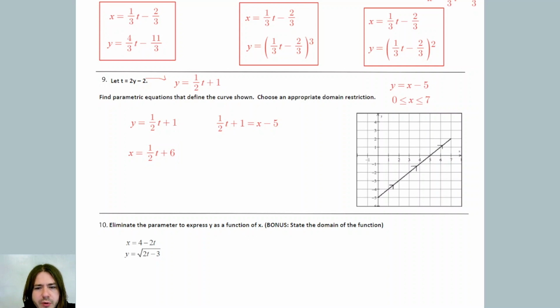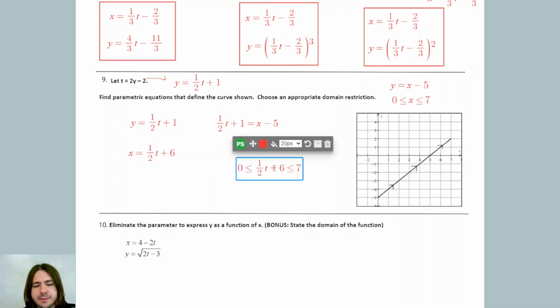The last thing we're going to do is try to rewrite the domain here in terms of t. So if we start with x being in between 0 and 7, and that we know x is 1/2 t plus 6, we can replace the x with 1/2 t plus 6. So to solve it for t, we're going to first subtract 6 from both sides.